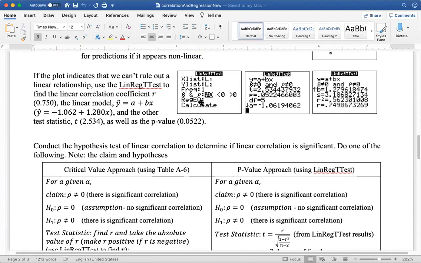It's pretty simple, and this is what you're going to get out. And remember, you need T, P, A, B, and R.